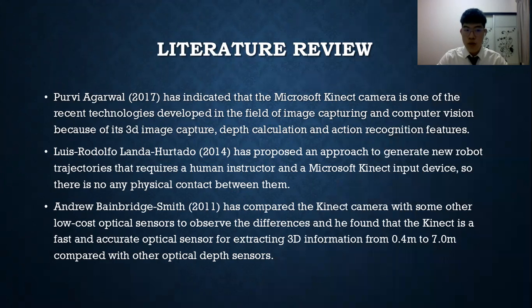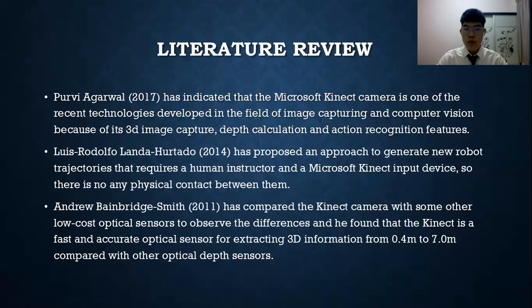And Luis Rodolfo Randa Hidego 2014 has proposed an approach to generate a new robot trajectory that requires a human instructor and a Microsoft Kinect input device. So there is no physical contact between them.